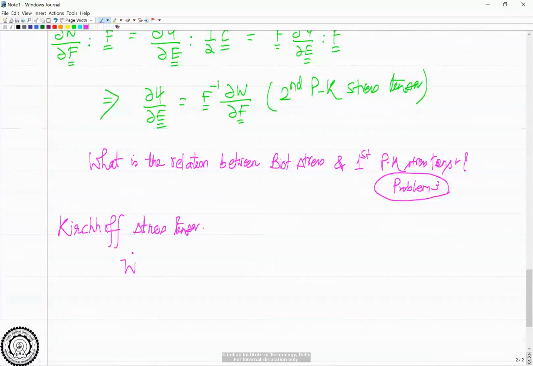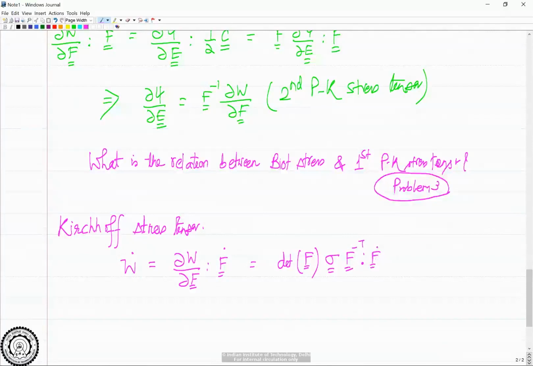So, we just learned that W dot is equal to del W over del F, double contraction F dot. Now let me write down del W over del F in terms of sigma. And then we know that this is det F into sigma into F inverse transpose, double contraction F dot.